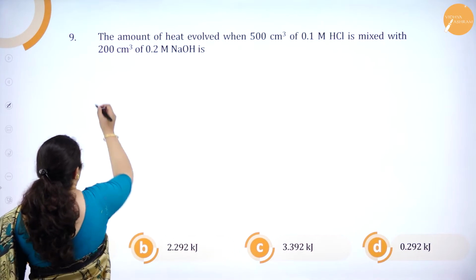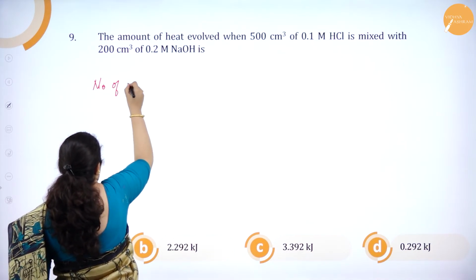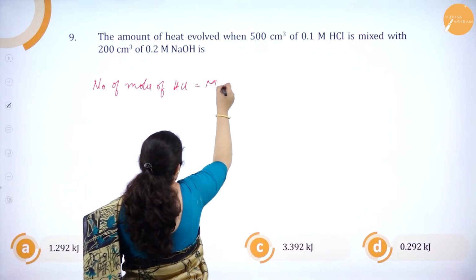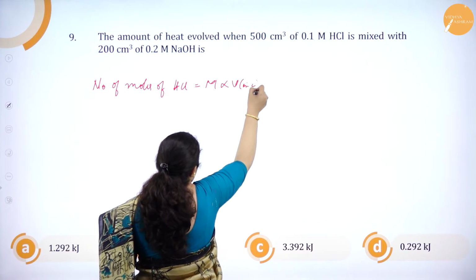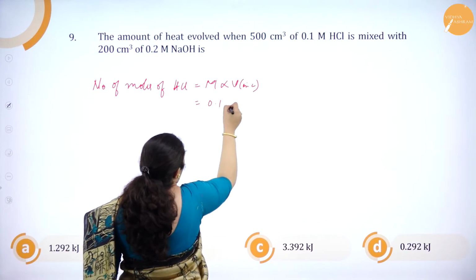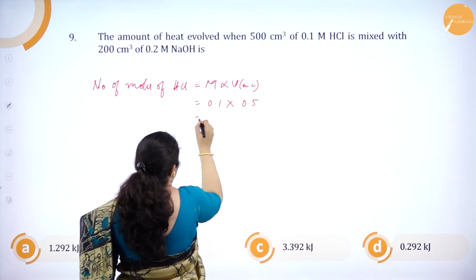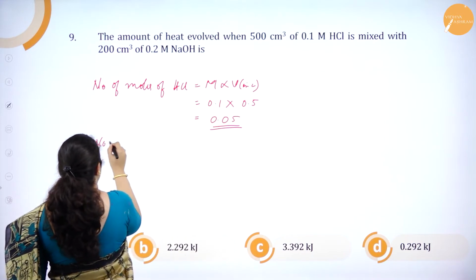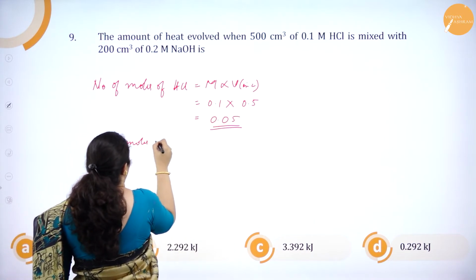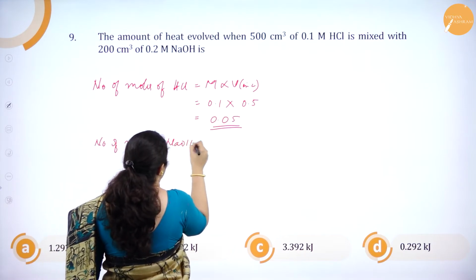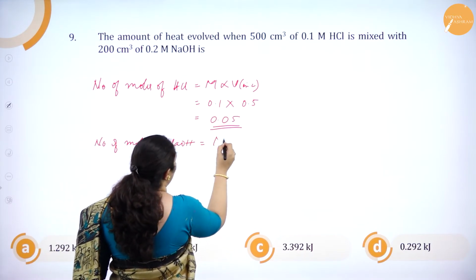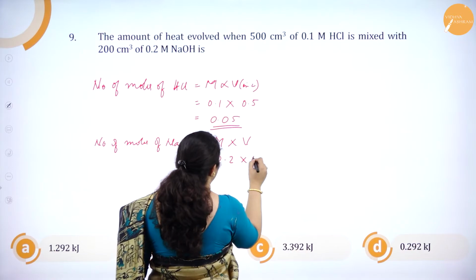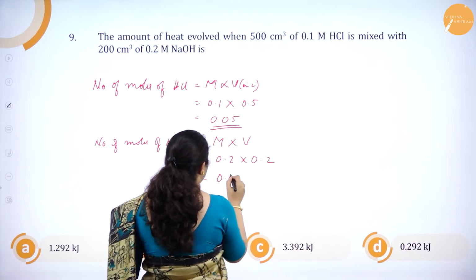So first we'll calculate the number of moles of HCl we have and NaOH we have. Okay? So number of moles of HCl is equal to molarity into volume in liters. So molarity is 0.1, volume is 0.5 in liters. So it will be 0.05. Then we are calculating the number of moles of NaOH, which is nothing but again molarity into volume. So molarity is 0.2 and volume is 0.2. So this is 0.04.